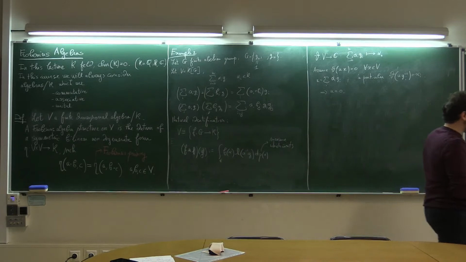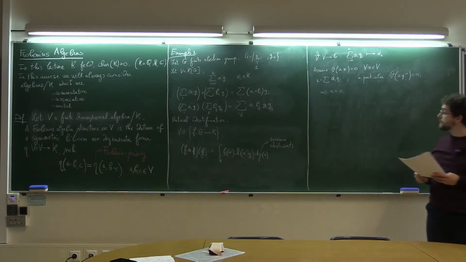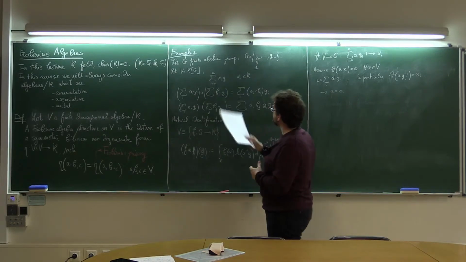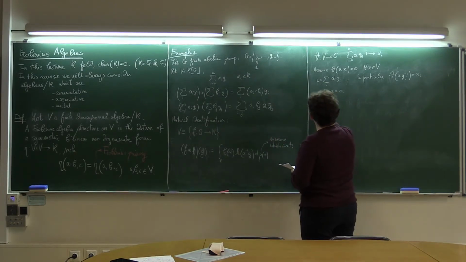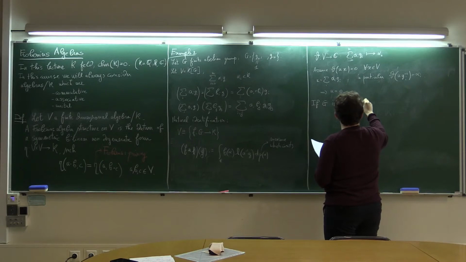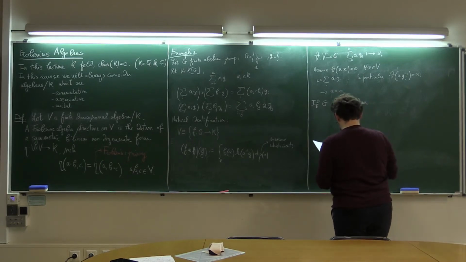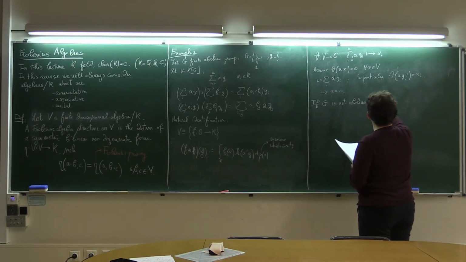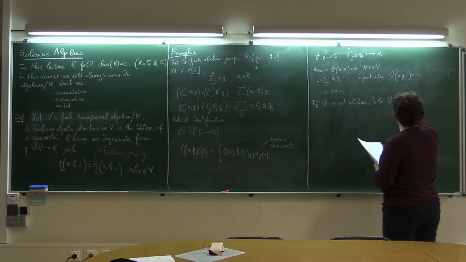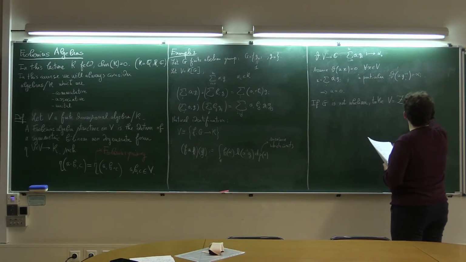Well, actually, we can even generalize this example to the case of a non-abelian group. If G is not abelian, take V to be the center of the group algebra.